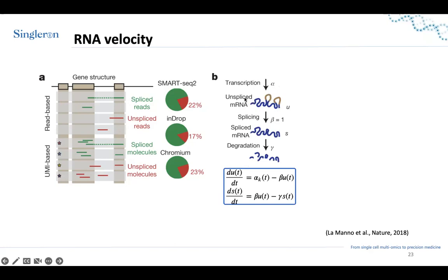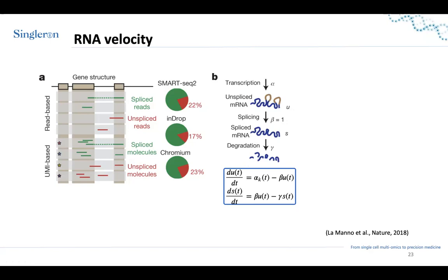Unspliced mRNA is obtained afterwards, after transcription. Then the number of unspliced mRNA is described by U. You have then splicing with a certain rate, but here the rate beta is considered to be 1. It is just an assumption of the model.